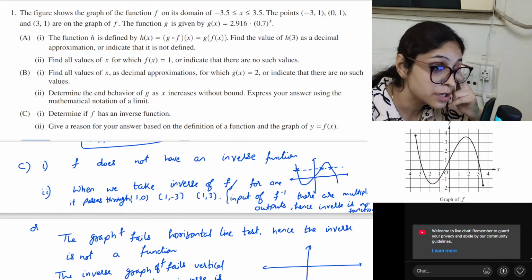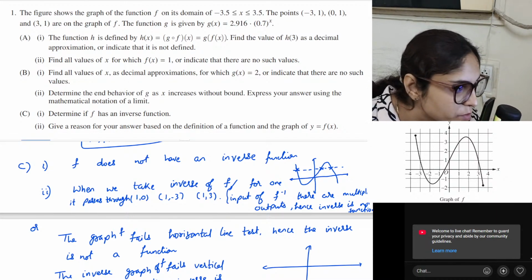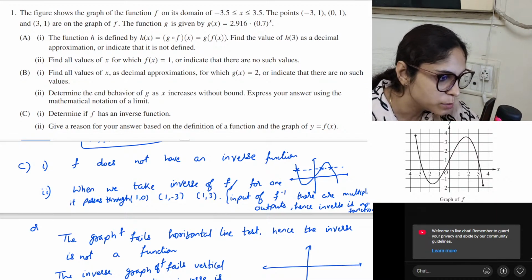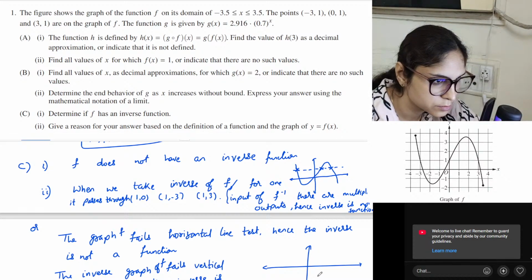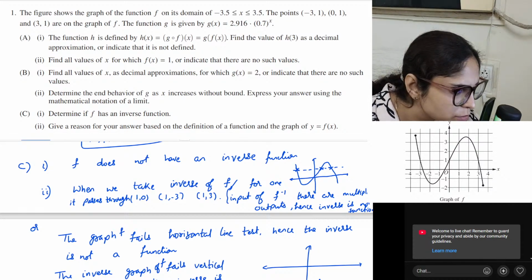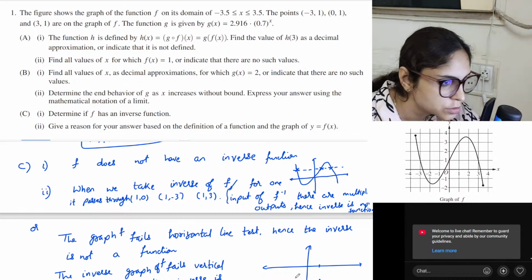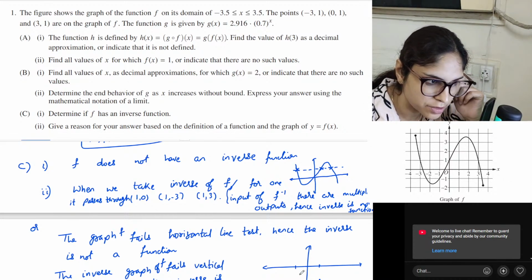Because for inverse, you just have to switch x and y values. So at -3, it is 1, so it will become 1 comma -3. And then at -2, it is approximately -1. So at -1, you are having -2.